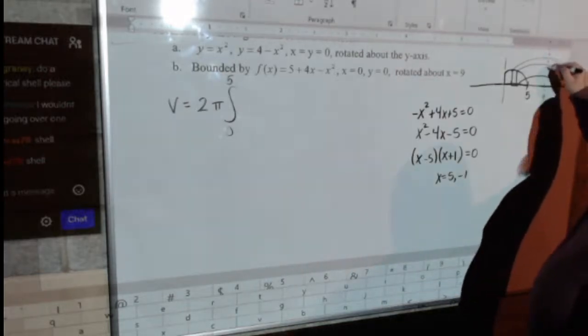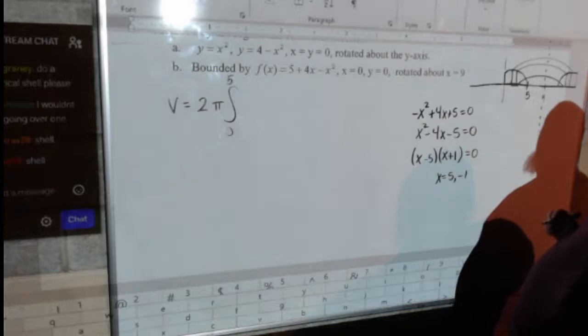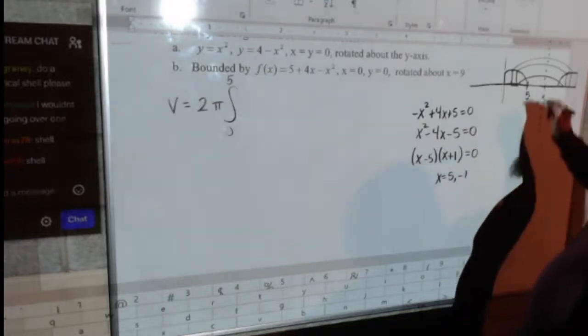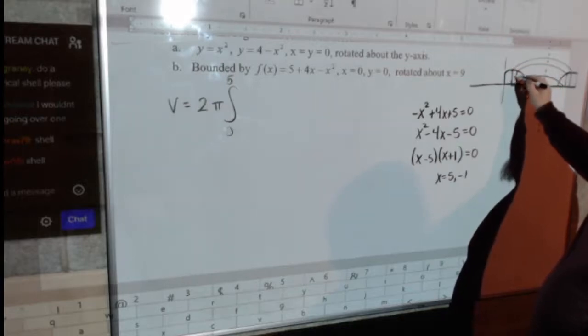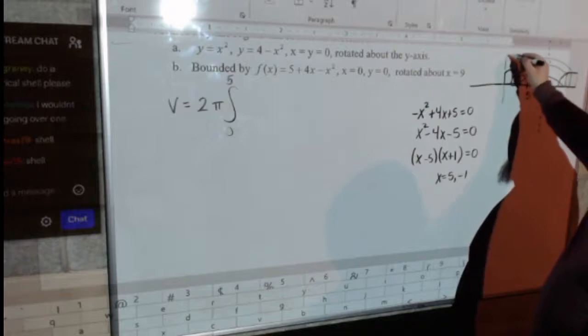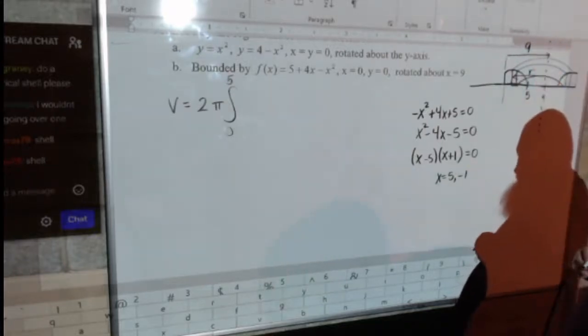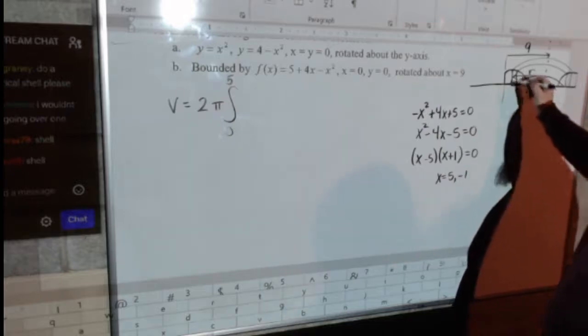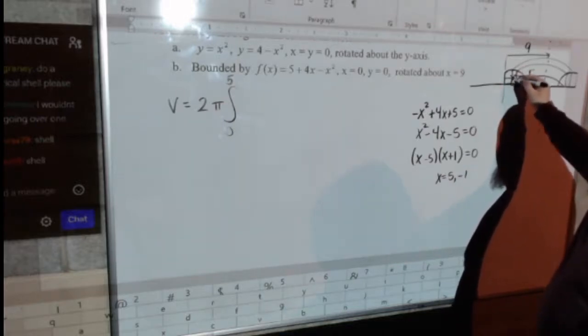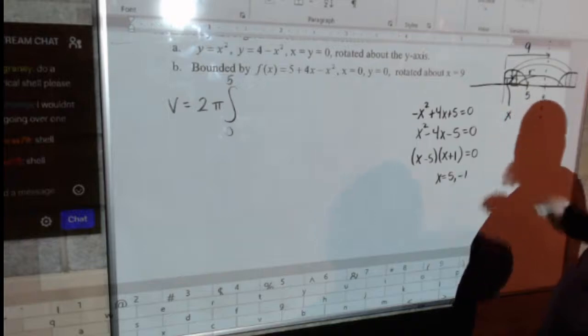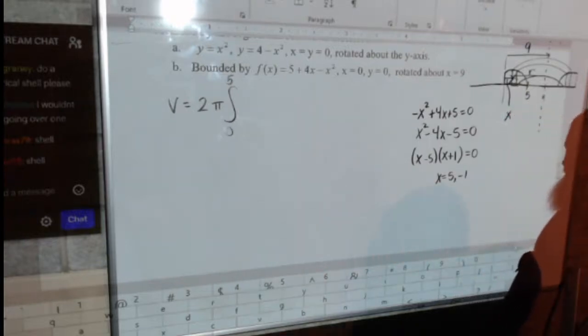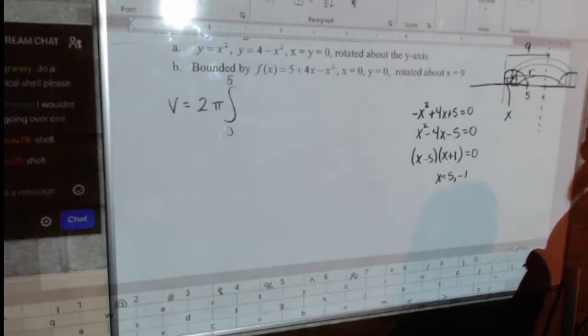My axis of rotation was 9. I need my radius, which is this length. We know that this distance is 9. And the distance between the axis and the slice is always x. So pretty clearly my radius is 9 minus x.